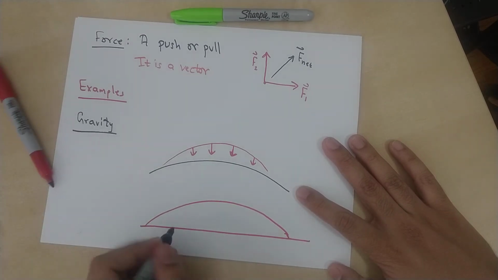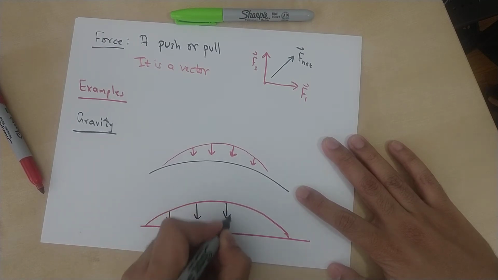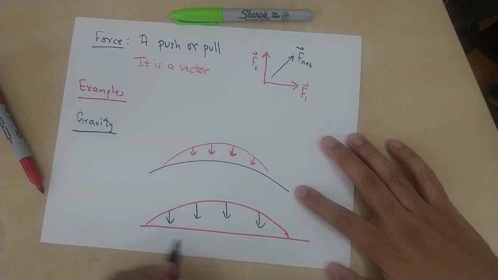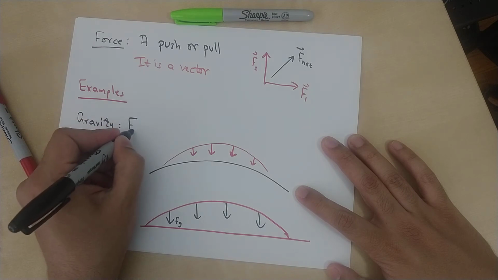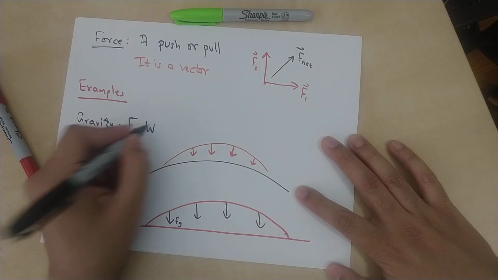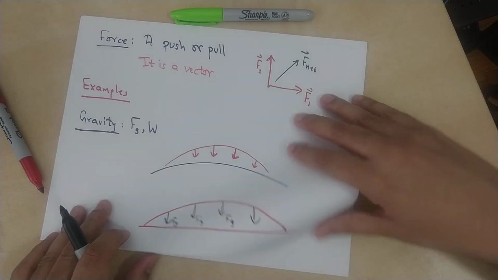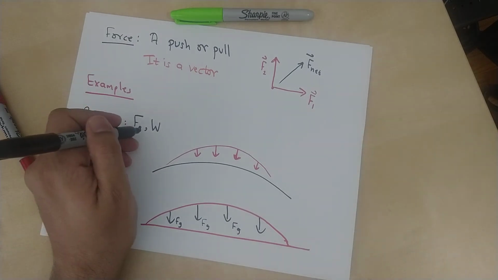Gravity is always going to be straight down. The typical symbols for gravity are Fg and W, so Fg is vertically down, and I'm going to be using both symbols.